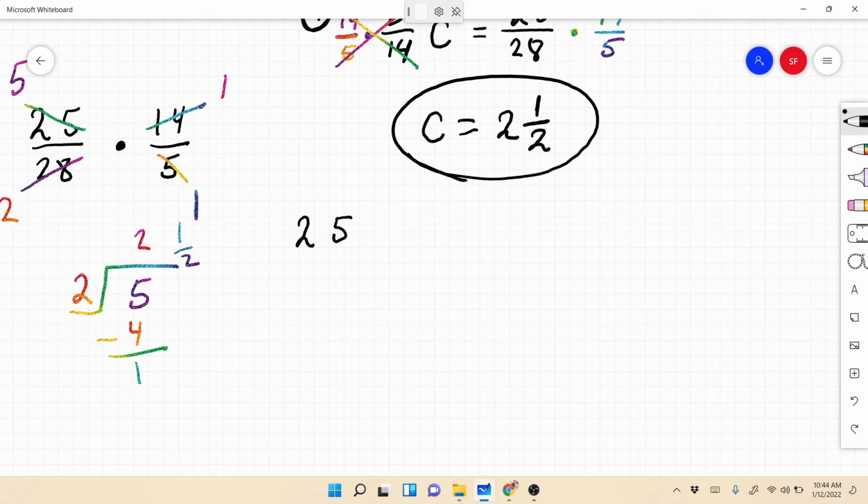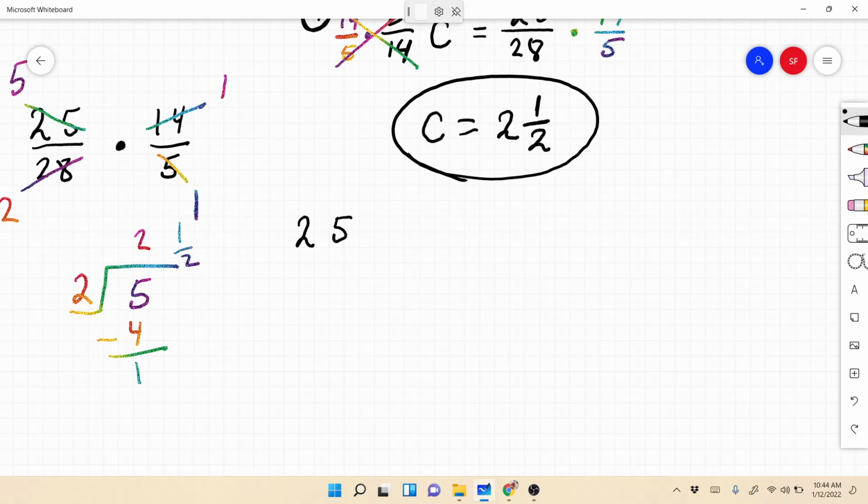What's 14 divided by 2? 7. What's 28 divided by 2? 14. What goes into 25 and 5? 5. What's 25 divided by 5? 5. What's 5 divided by 5?